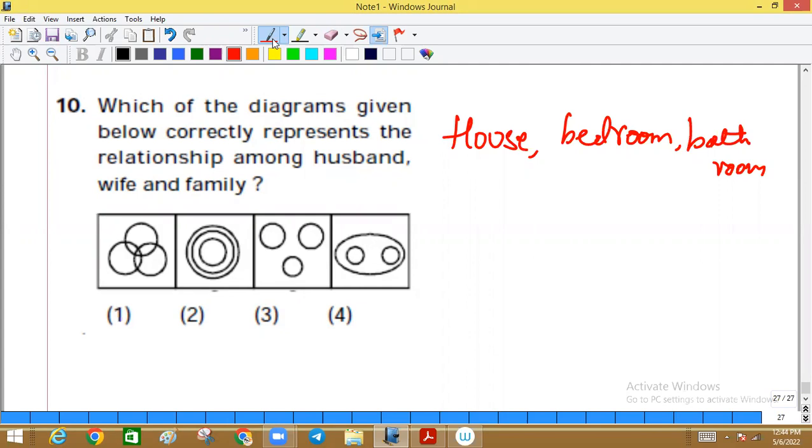So okay, whatever it may be, these are the 4 options and this is the question. What's your answer, whether it's an attached bathroom or individual or without attached? What is the answer? What's the answer? 4. Why can't it be 2? Why? Remember, it's only a single bedroom house, 1 BHK.